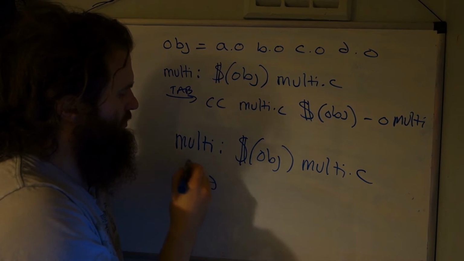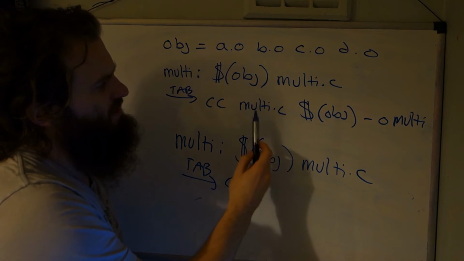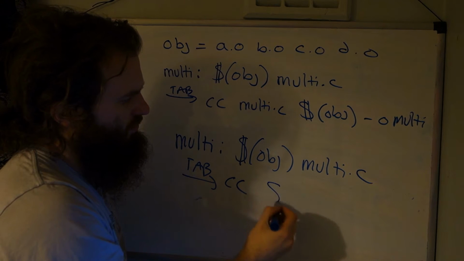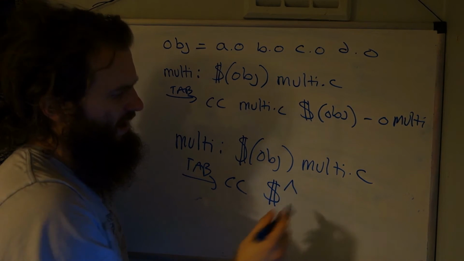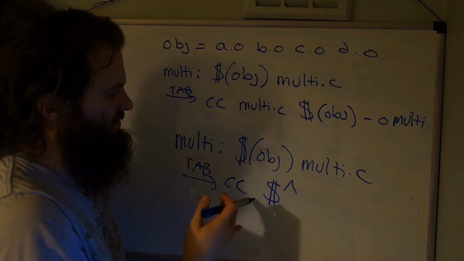We've still got our tab, of course, and CC, but instead of writing that out again, we use $, and then a caret, and that means all of the prerequisites separated by spaces.